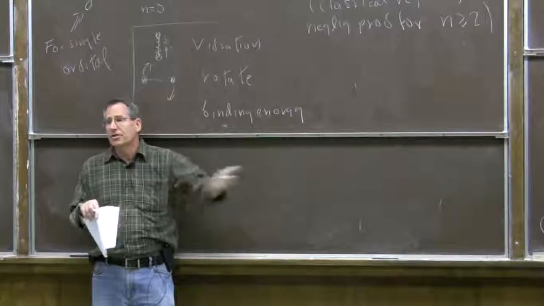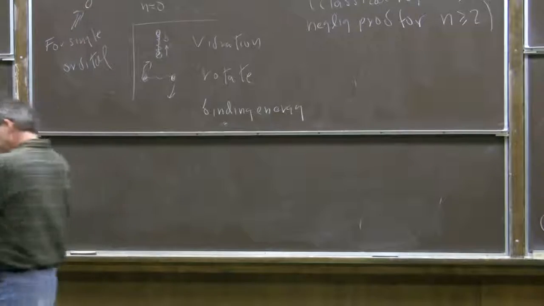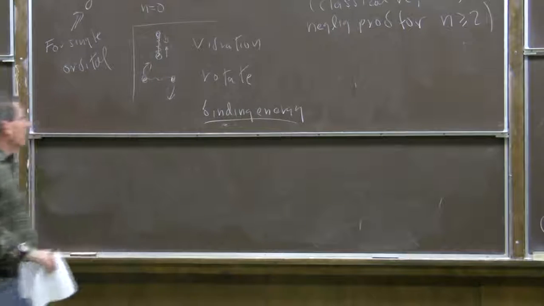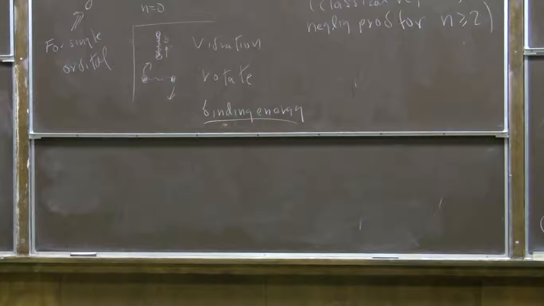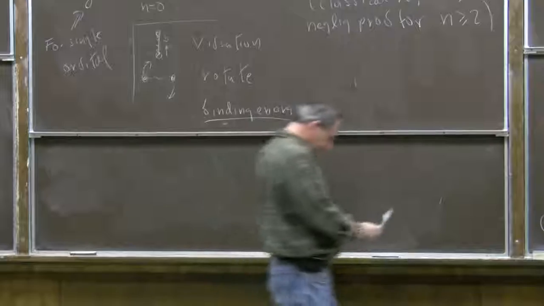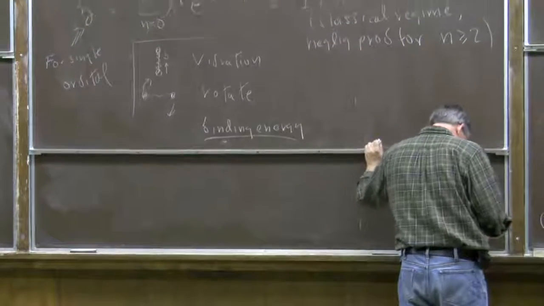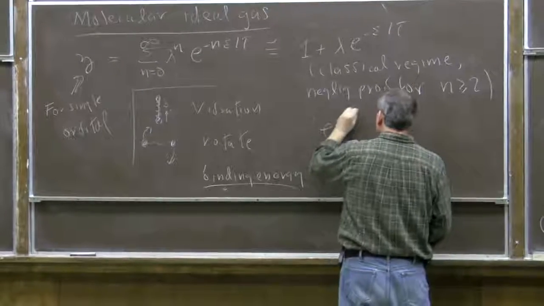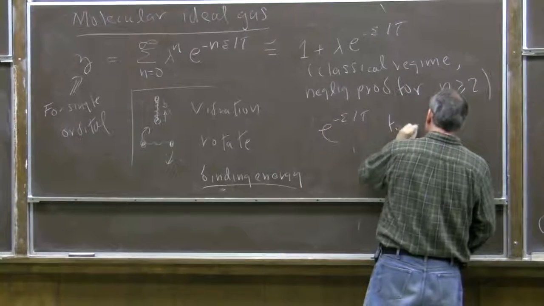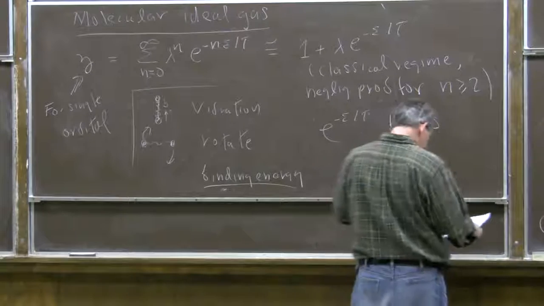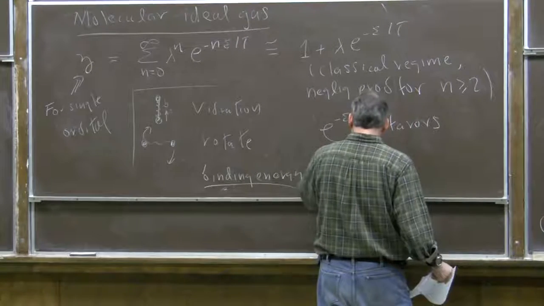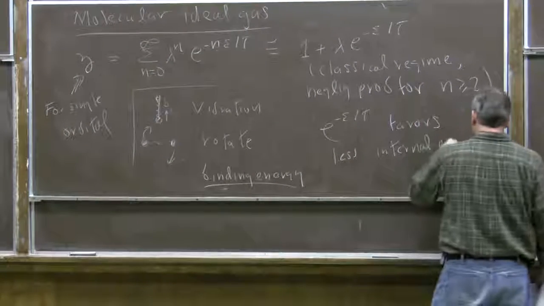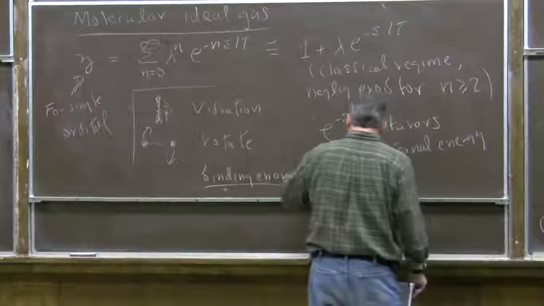You know, the exothermic direction is going to be favored. So we have to keep track of the internal energy of the molecule as well when it's bound. Or in other words, the Boltzmann factor, e to the minus epsilon over tau, favors less internal energy locked in binding a molecule.